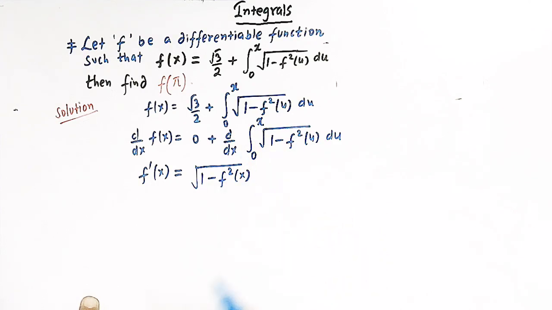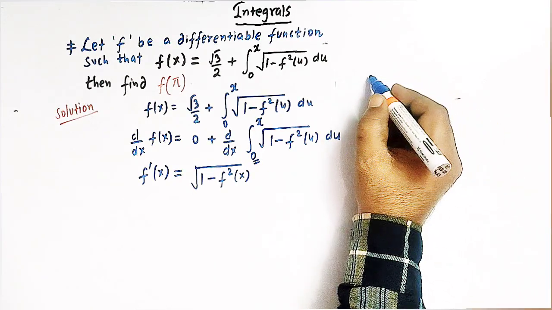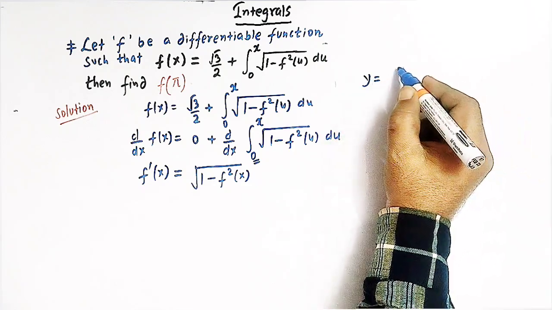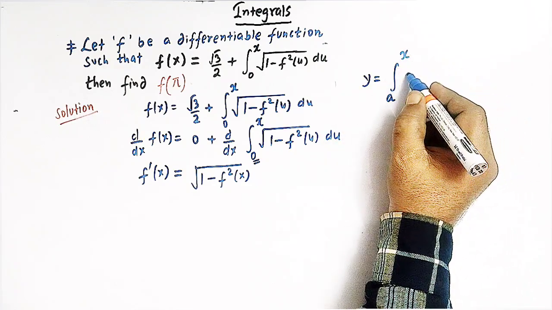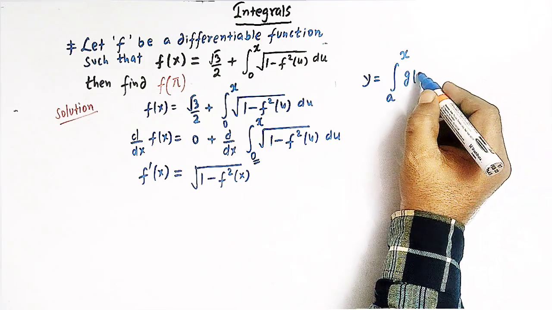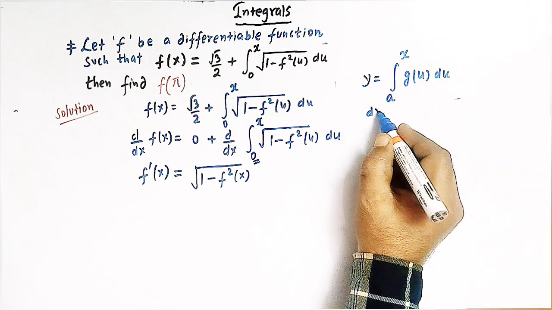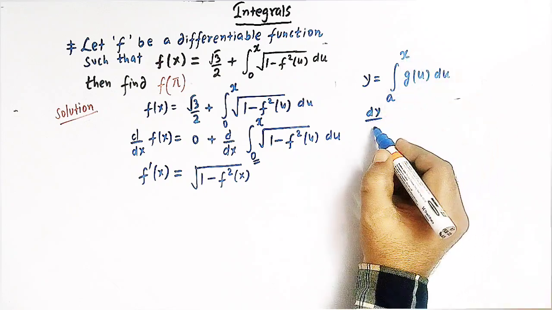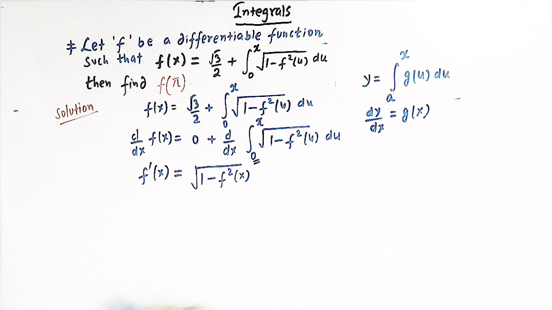Here we have used an important result from definite integrals, which says that if we have a function y equal to the integral from a to x of g of u du, then the derivative of y with respect to x is simply g of x.